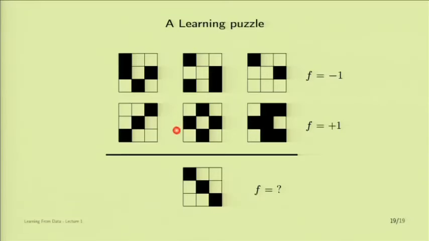For this input, and this input, the value of the target function is +1. This is your data set, your training set. Now you should learn the function, and when you are done, could you please tell me what your function will return on this test point? Is it +1 or -1? I will give everybody 30 seconds before I ask for answers.